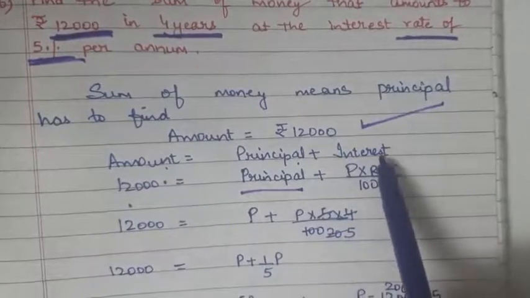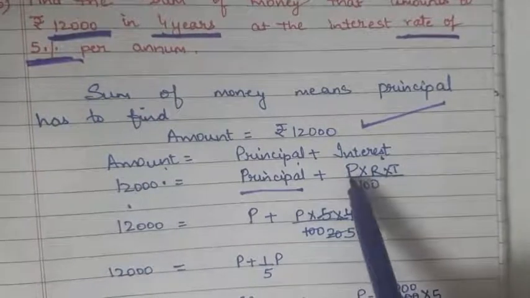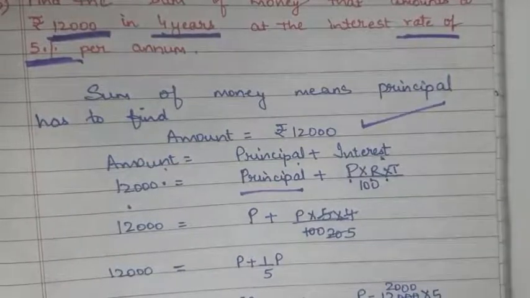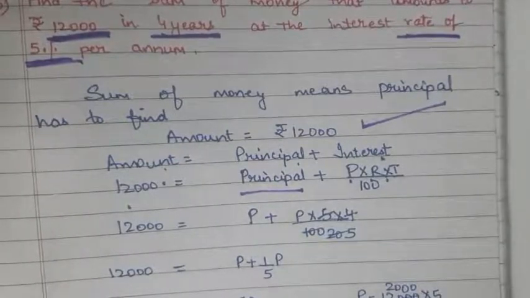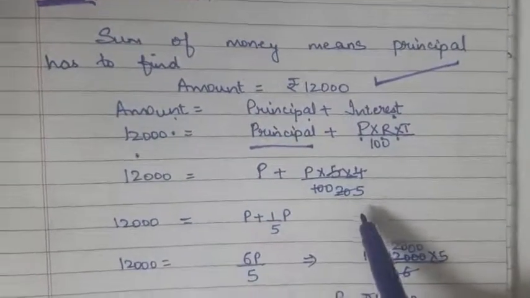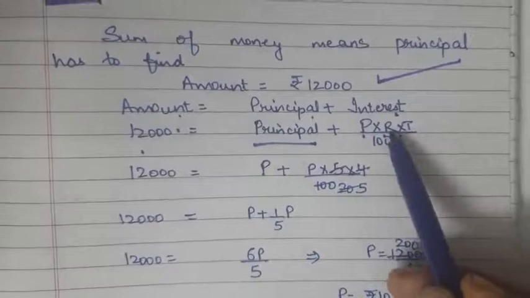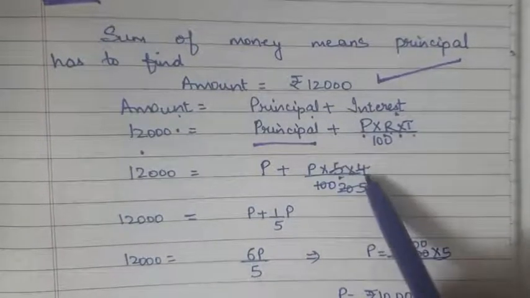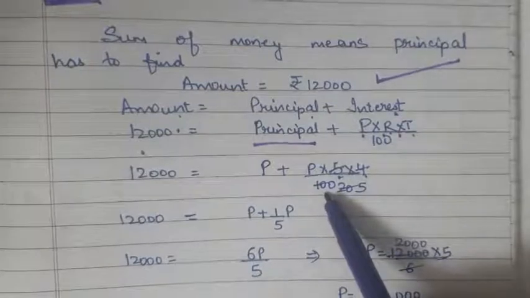And what is the formula for interest? That is principal multiply rate of interest multiply time upon 100. So now let us put the values. What is R? That is 5. What is T? That is 4 upon 100.